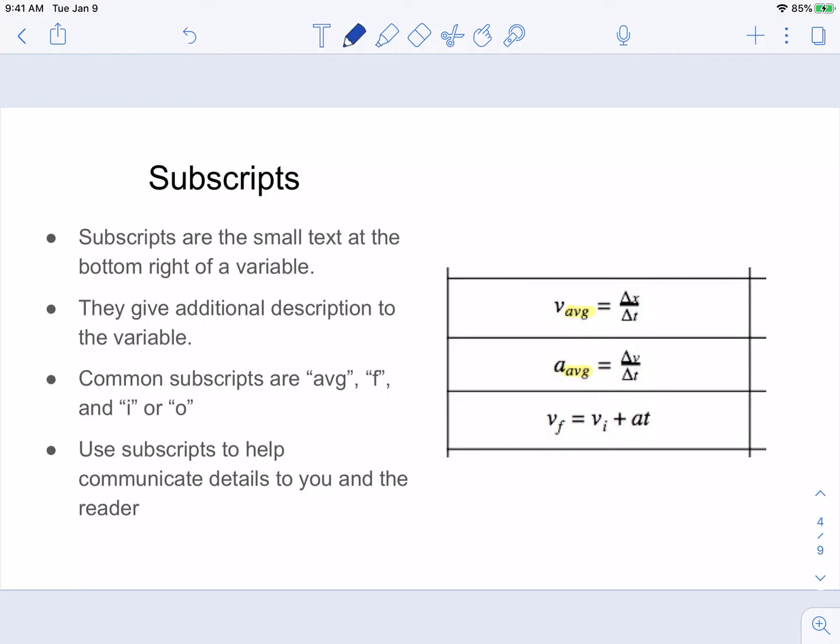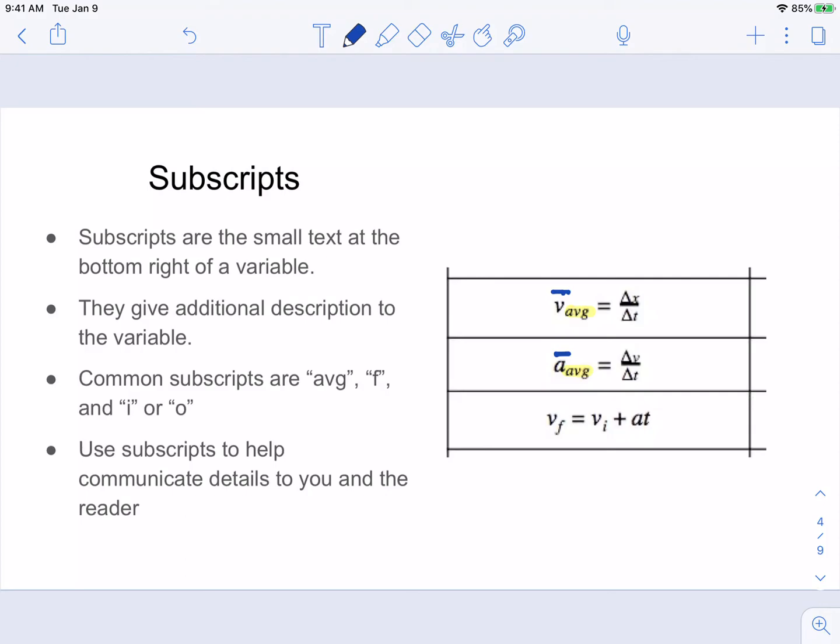Sometimes instead of AVG for average, they'll put a little line above the variable, and that also stands for an average value. But when we're dealing with subscripts, we usually just have the AVG, telling us we're looking at an average value. So that's one type of subscript that shows up a lot.